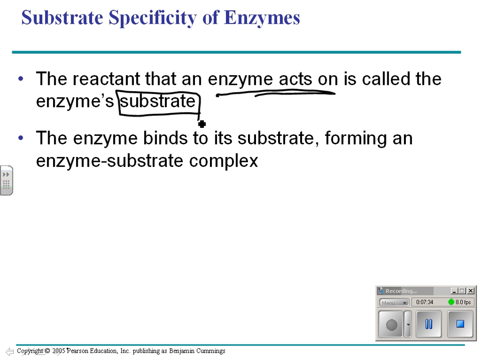So starting now, I'm going to refer to our lab. The enzyme in our lab was called catalase. What was its substrate? The hydrogen peroxide, right? The stuff we put in the graduated cylinder.